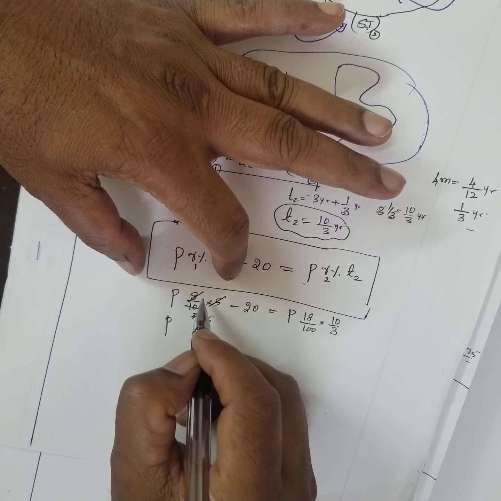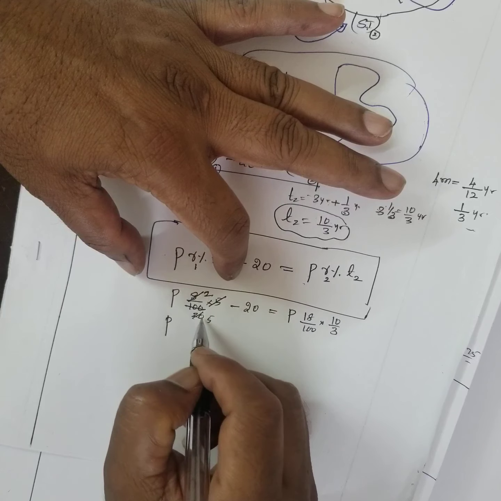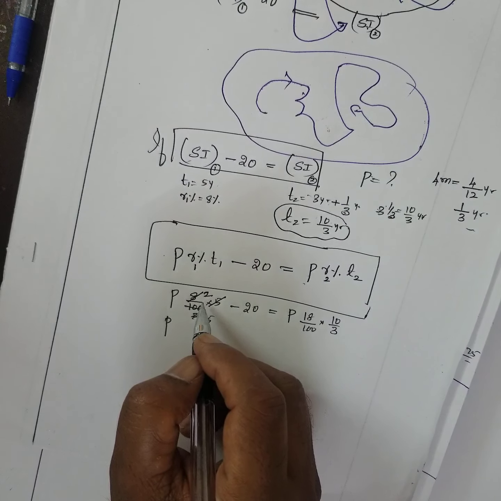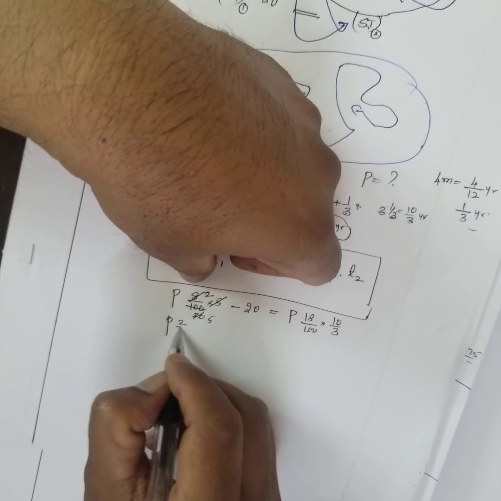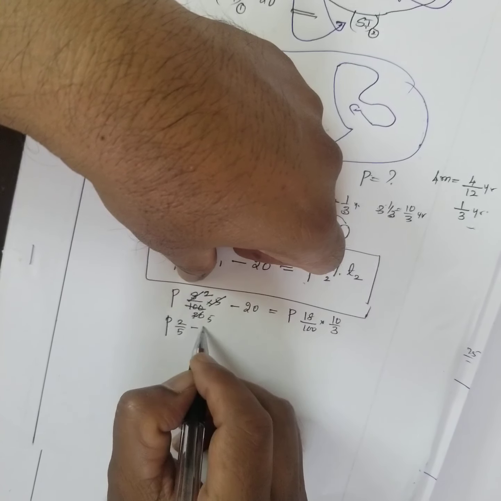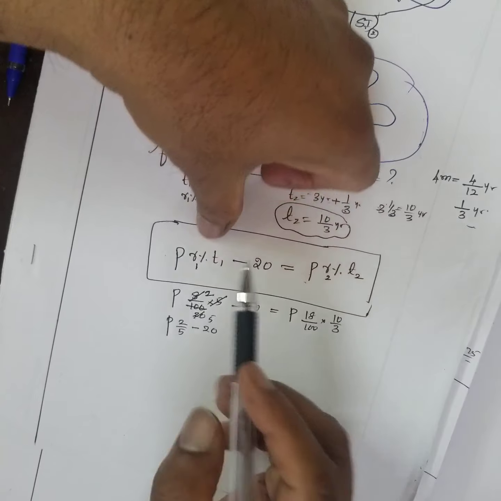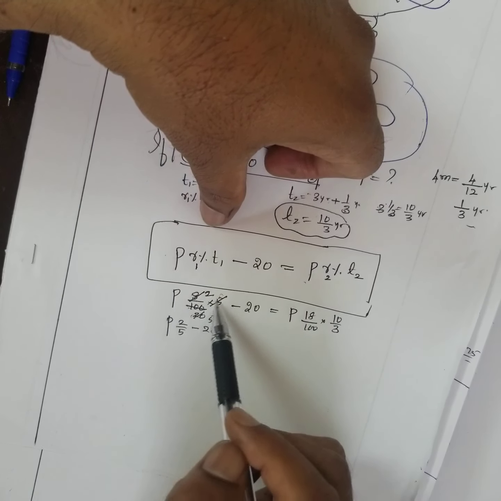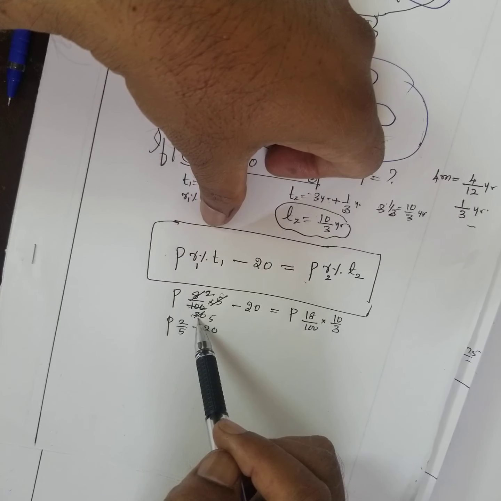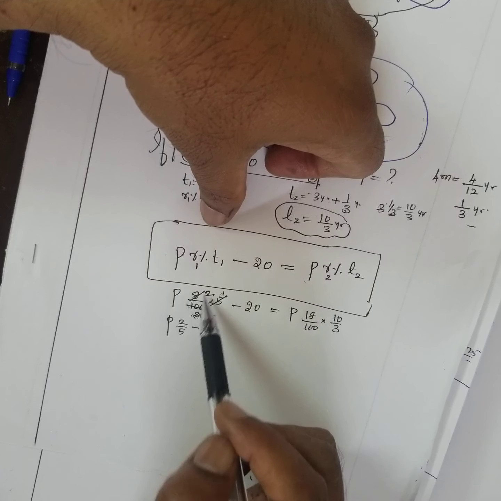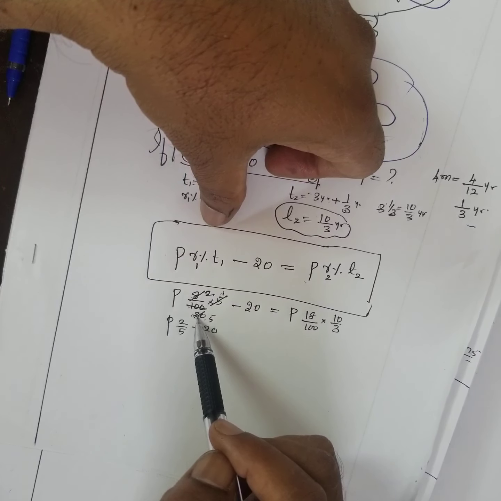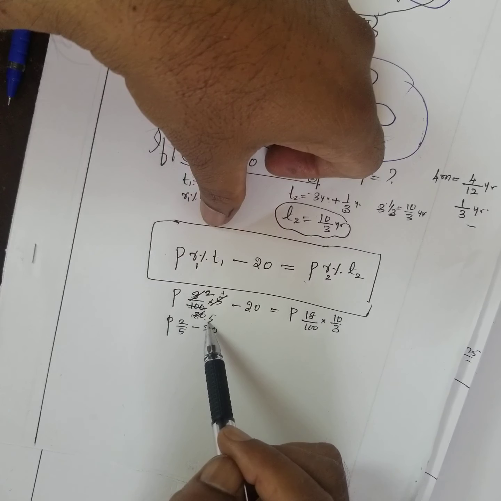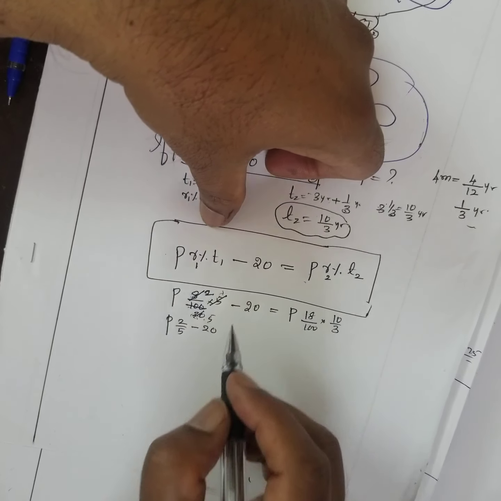So this is 2 times, this is 5 times. Therefore, P 2 by 5 minus 20. See, 25 is 100, 20 here 8, 2 times 4 2s are 8, 5 4s are 20, 5 by 20.